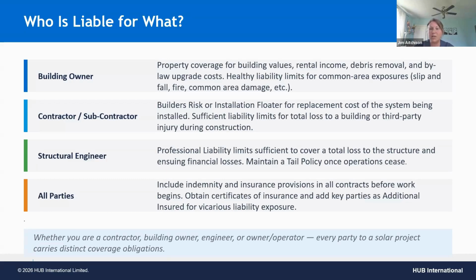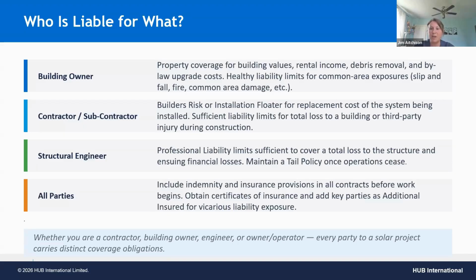And of course, making sure that they have their own liability limits, and that they're also requiring their subcontractors to carry appropriate liability limits. One of the best examples of that is a building owner employing a snow removal contractor, and that snow removal contractor bearing a transformer with snow.